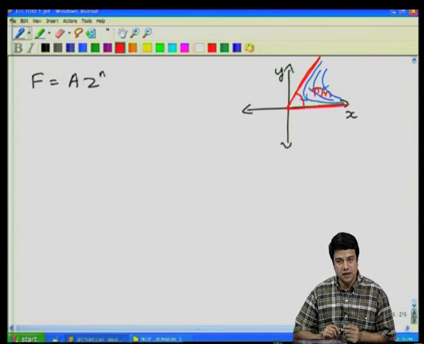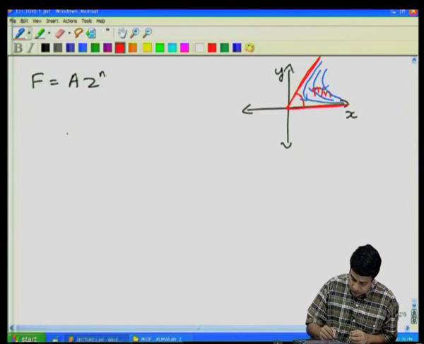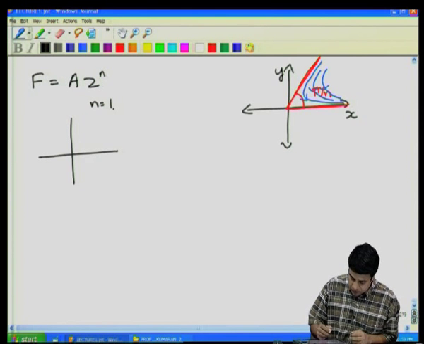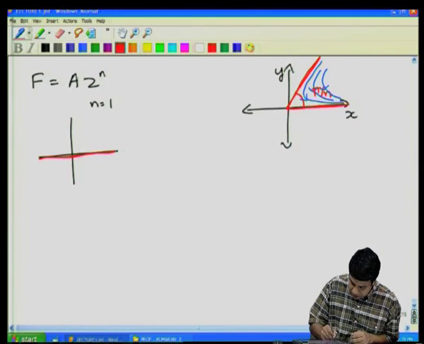So obviously, for n equal to 2, the angle is pi by 2, so it is right angled. N equal to 1 is just flat. For n equal to 1, you get something that is just flat. Okay.